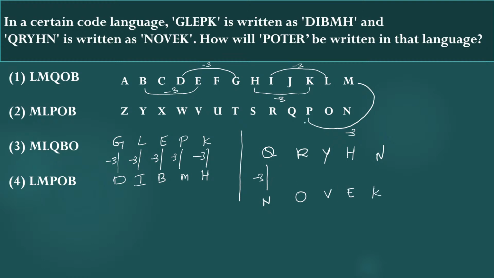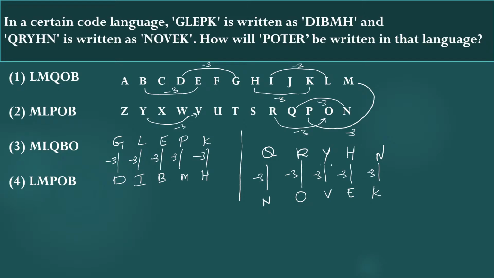So Q -3 we get N. R -3 we get O. Y -3 we get V. H -3 we get E, and N -3 we get K.